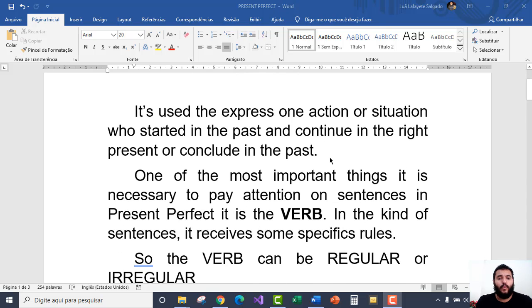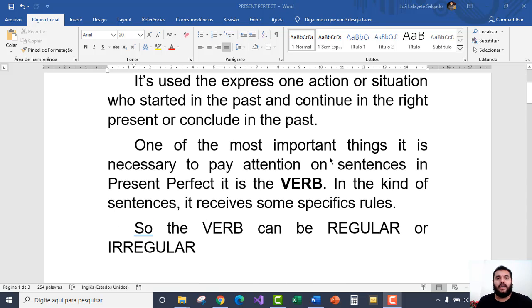One of the most important things in the present perfect, and every student who studies English here in Brazil or Spain or Italy or Japan finds it the most difficult to understand, is the verb.